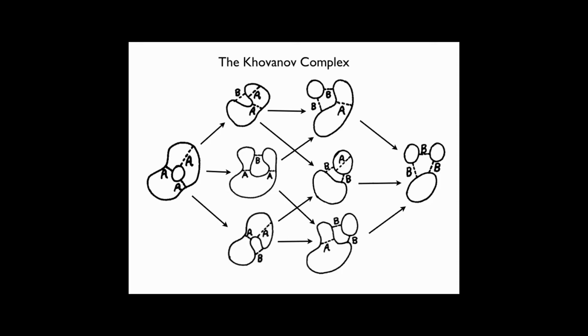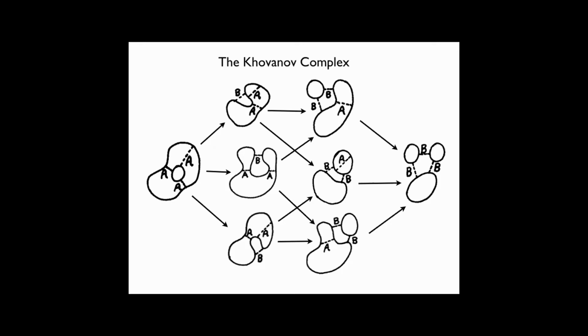So I could, to make a category, start at the left one and go by the arrow up, and then go by an arrow down, and then go by an arrow over to the right, and I've composed some arrows, and I have a morphism from a diagram over on the left to some other diagram over on the right. You can compose arrows, and then you form a category. And of course, that means that implicitly every object has an identity arrow. So given a directed graph, you can always make a category.